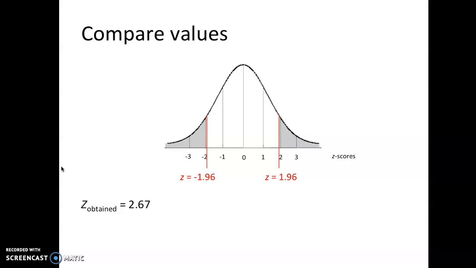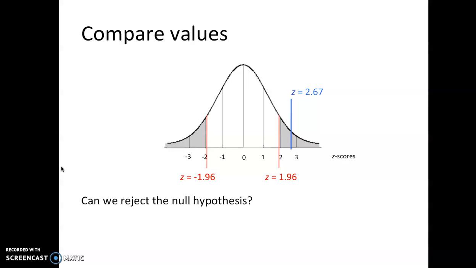And we know that our obtained value of 2.67 is greater than the critical value of 1.96, but sometimes it's useful to visualize what is going on by plotting our obtained z-score on the normal distribution. When we do this, we can see that our obtained value of 2.67 clearly falls in the critical region, which is also known as the rejection area.